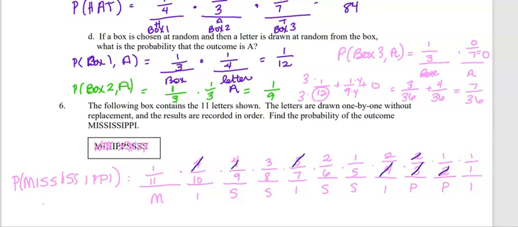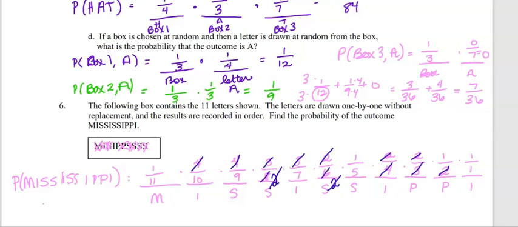I can say 4 goes into 8 2 times. I can say 3 goes into 6 2 times. I have two 2's left on the top, but now this 2 can cancel with this 2, and this 2 can cancel with this 2. And everything on top is now a 1, and so I can't reduce any further.